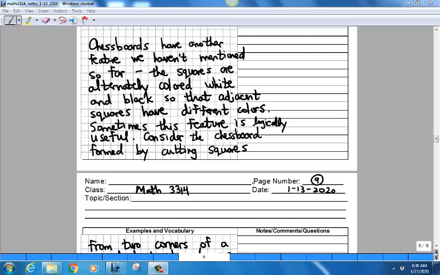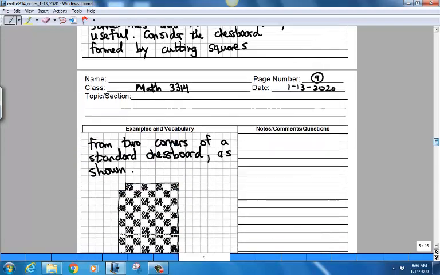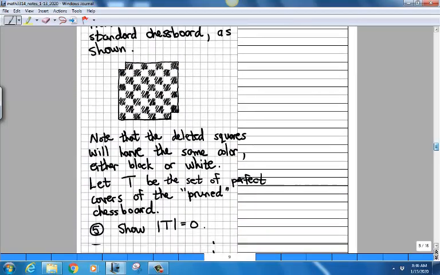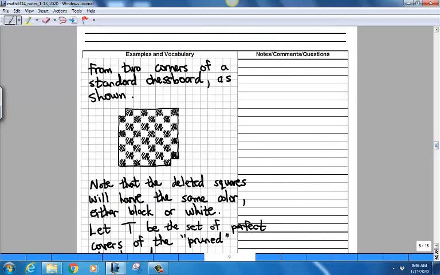The first one that we were looking at was the so-called problem of what happens when you prune the chessboard, and whether it's possible to then build a perfect cover of that chessboard. So is it possible to tile the chessboard with dominoes? This was the first example that we were looking at there.